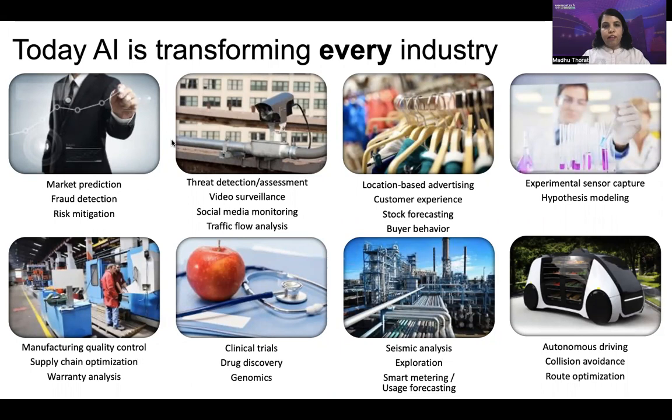In the financial sector, AI is used for making critically important market predictions, fraud detection, and risk mitigation. In other sectors, like retail, when you use a shopping app, AI is used for making targeted advertisements or improving the customer experience. All these examples show how AI has become important today. And all of these industries which are using AI are generating a huge amount of data.